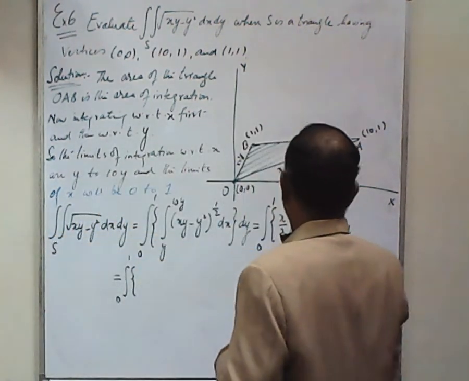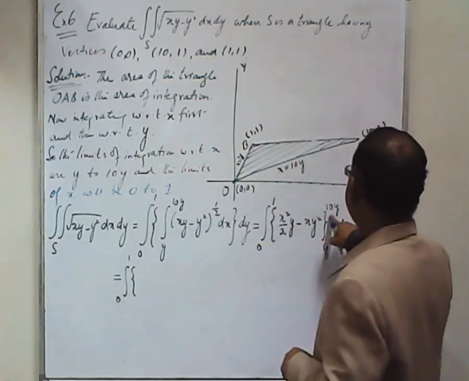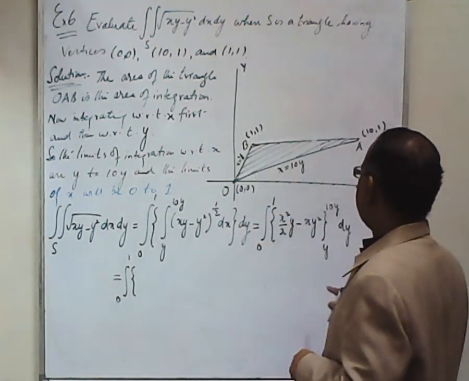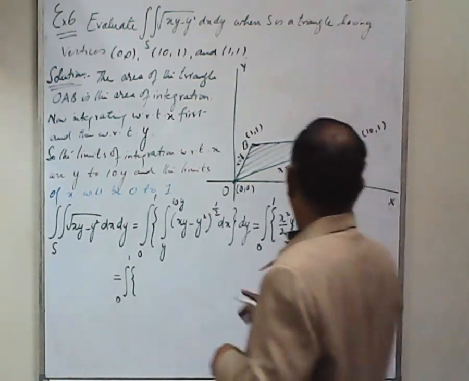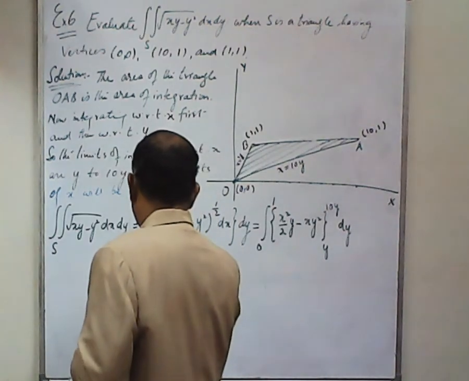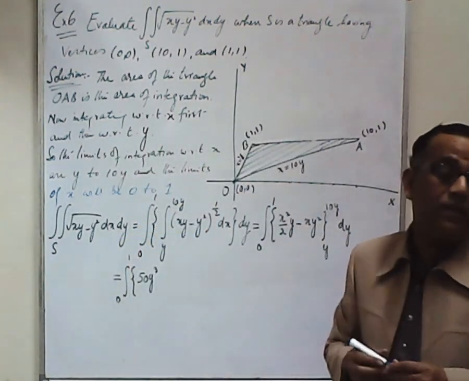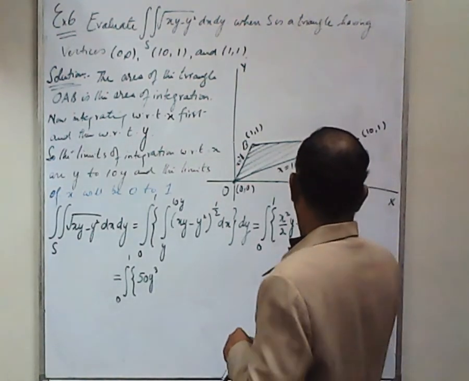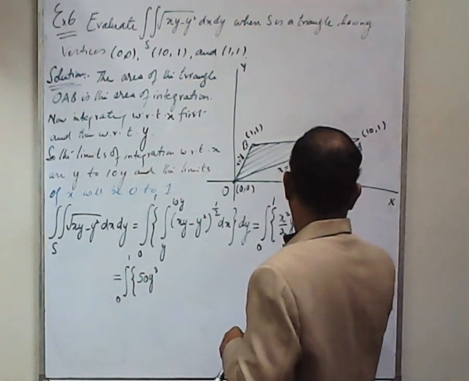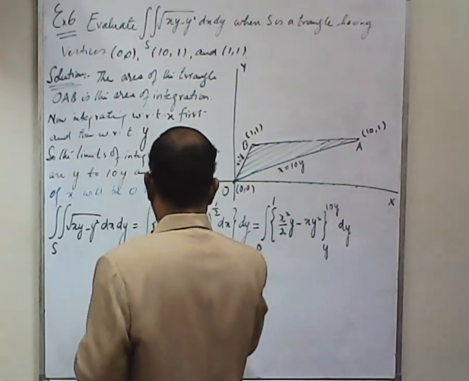If I substitute in place of x, this is tan y, so 100y square upon 2, it means 50y cube, and then minus tan y cube.